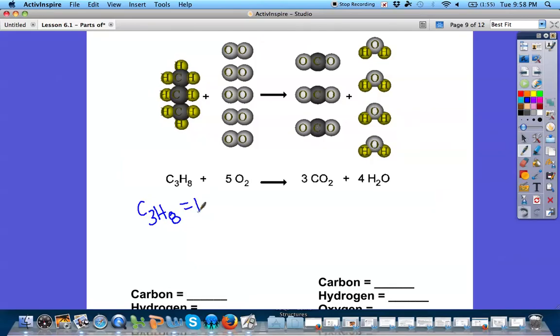We have 1. How many molecules of O2 do we have? Well, this 5 is telling us that we have 5 of those. And then our molecules of CO2, this 3 tells us that we have 3 of them. And then for H2O, we have 4.